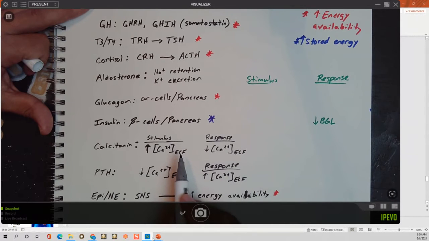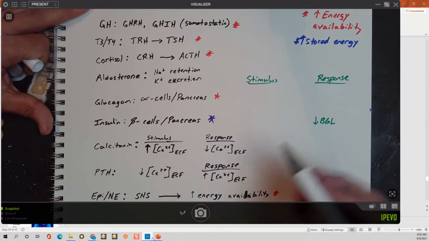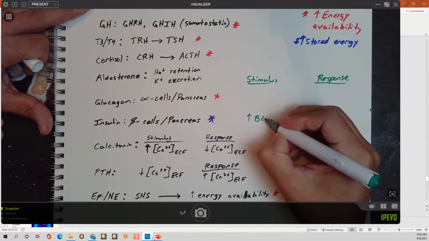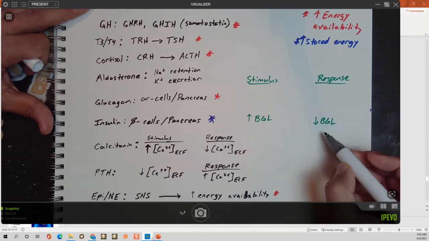Make sense? Seems like everybody's got this. Right after you've increased your BGL, your body's response is to secrete insulin to bring that BGL back down again.